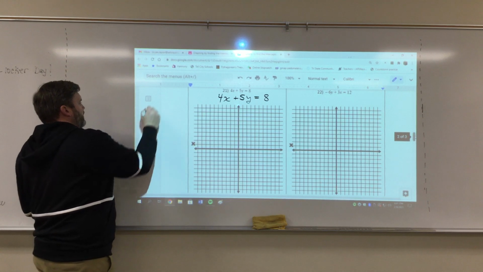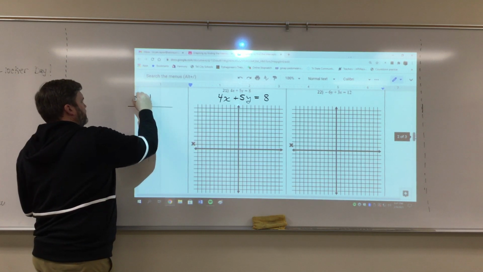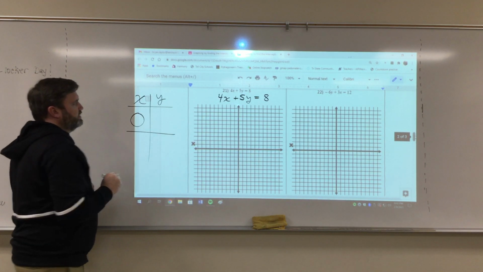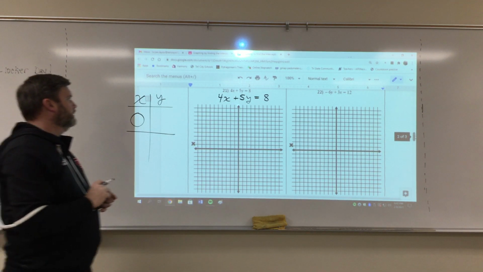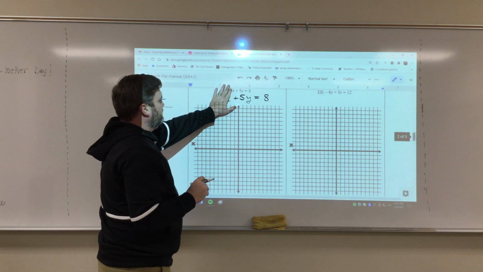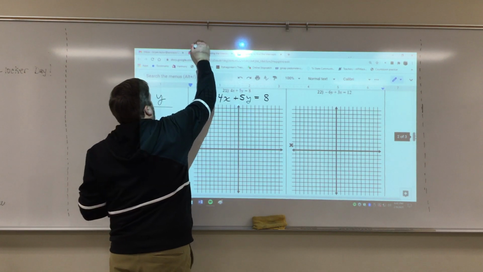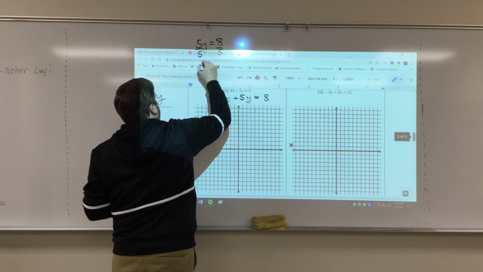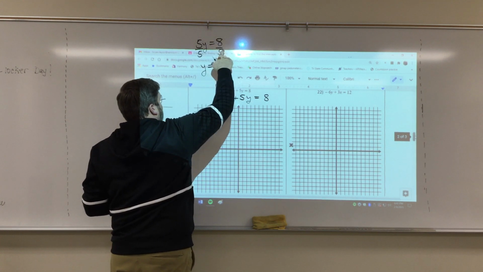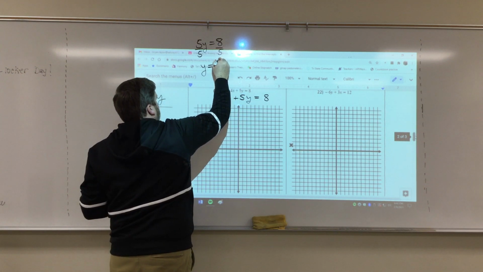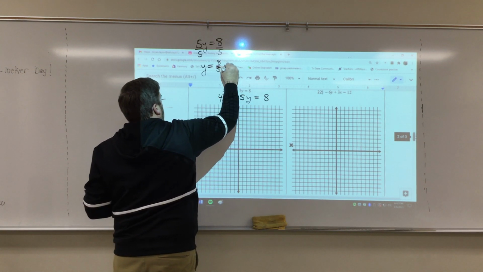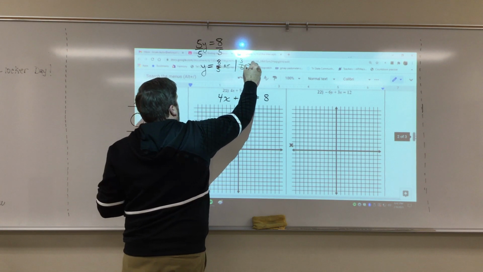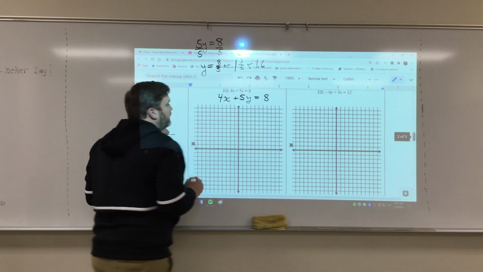This might be another one that gave you guys some fits. Not because the math is challenging, but because it turns out kind of weird. So if I cover up x, I'm left with 5y equals 8. If I divide both sides by 5, well, 5 doesn't divide into 8, so I get 8/5, or what is 1 3/5, or what is 1.6.